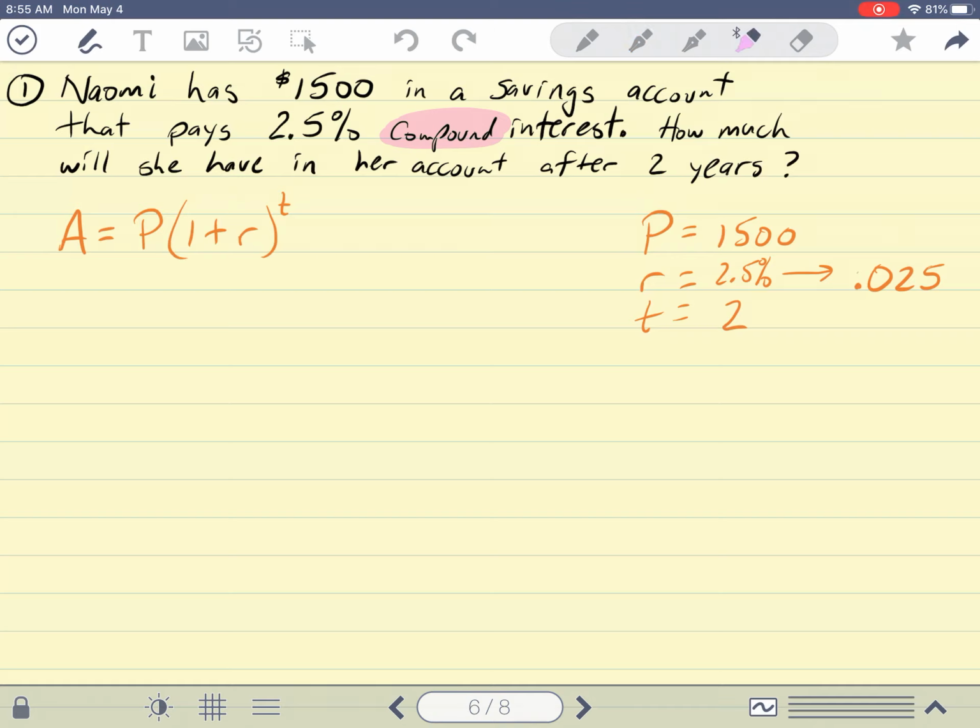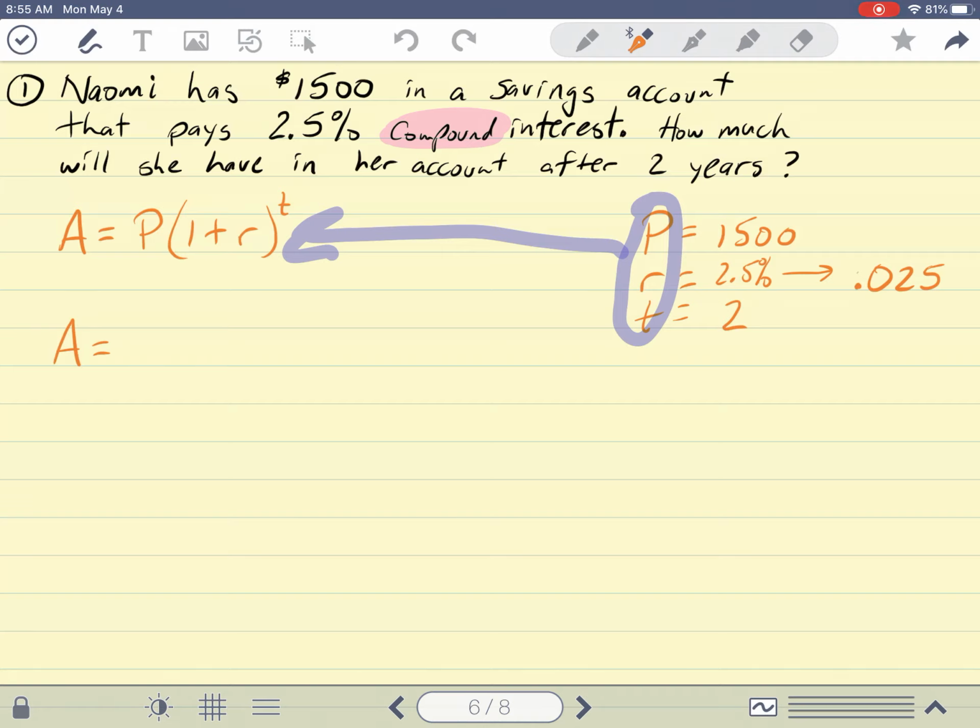Now, all of these values need to go into this equation. So what is A? A tells us in our cheat sheet that it is the future value. So not only are we using a different formula, but what you're solving for is a little different.